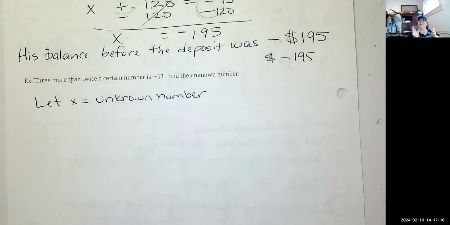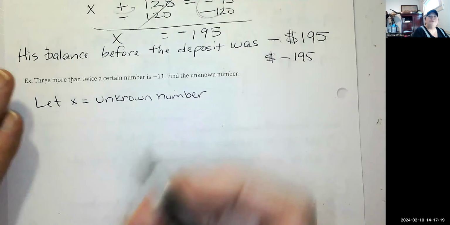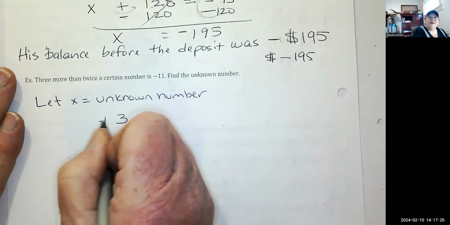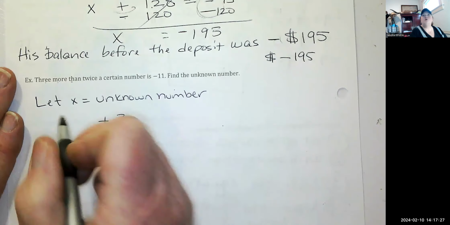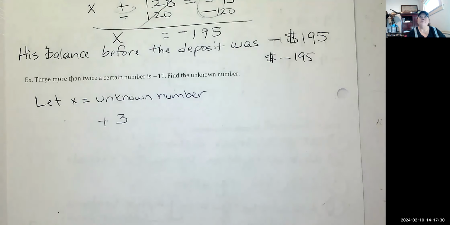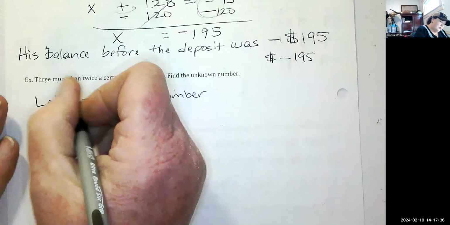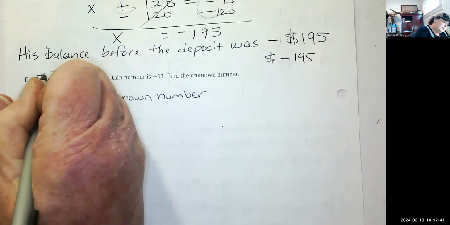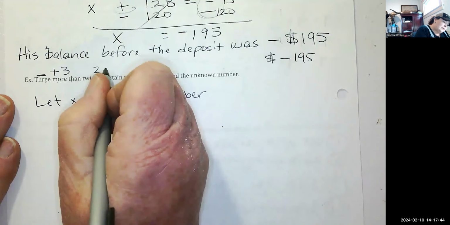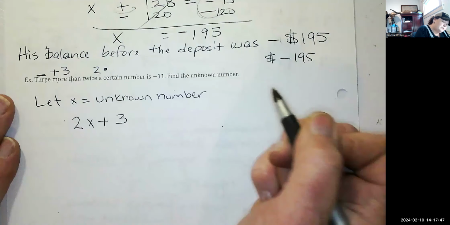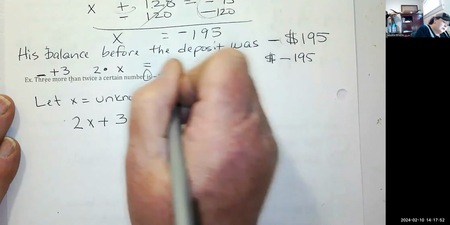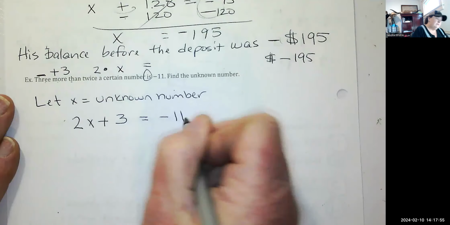So that's something plus 3. 3 more than twice a certain number. If I were to call somebody twice, that would be 2 times. So that's 2 times that certain number, 2x. So 3 more than twice a certain number, so that's 2 times a certain number x, is always equal, is negative 11.